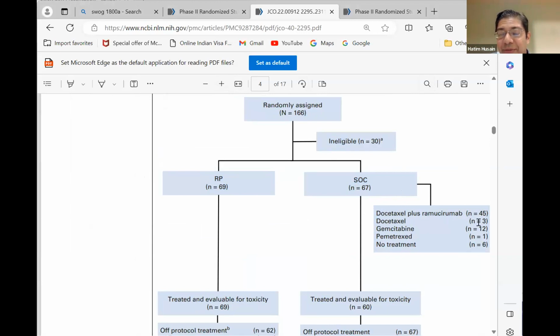The docetaxel was only 3 for monotherapy docetaxel. Gemcitabine was 12 patients. Pemetrexed was 1 patient. So I thought this was very interesting to show what is actually happening in practice around what is the standard for chemo post-progression on the PD-1. In this study, there were 166 patients that were assigned, and 30 patients were ineligible based on certain eligibility criteria that they used.